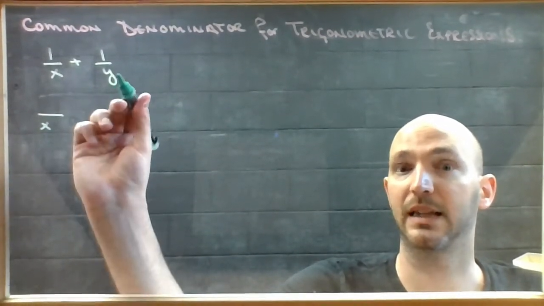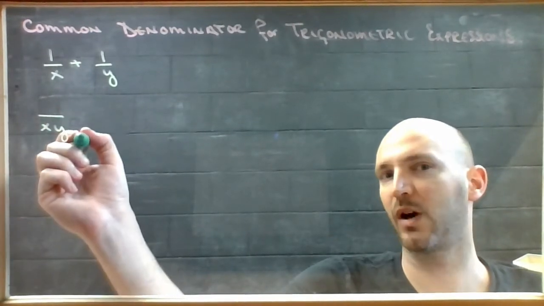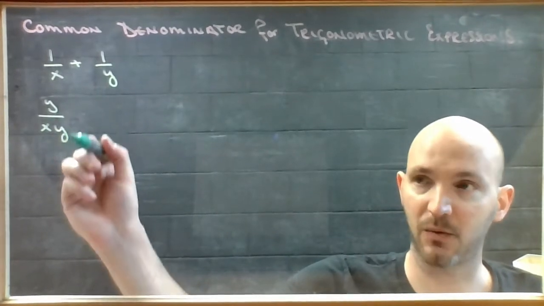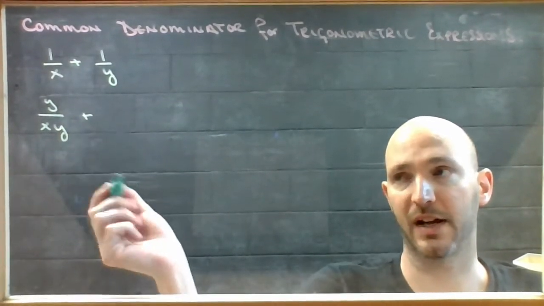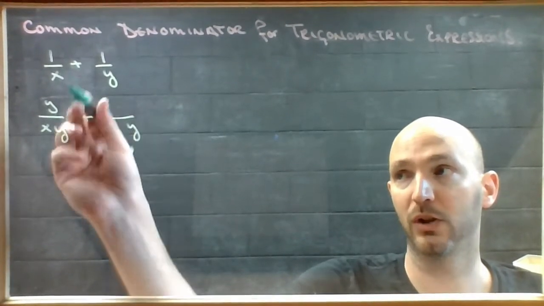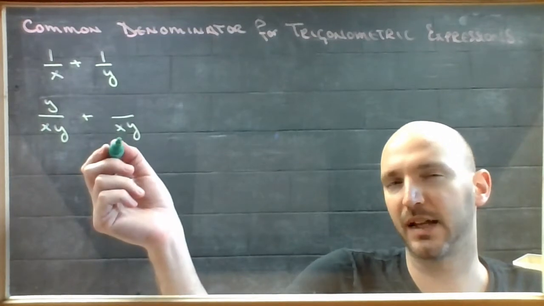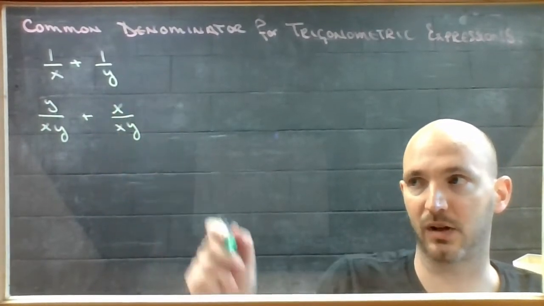This would look like that if there was a y there. But I can only put a y in the bottom if I introduce one into the top, because y divided by y is 1. If I look at the other fraction, this thing would look like that thing if it had an x. But I can't just put an x in there. I need to introduce one on top because x divided by x is 1.